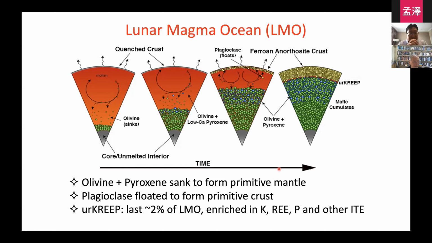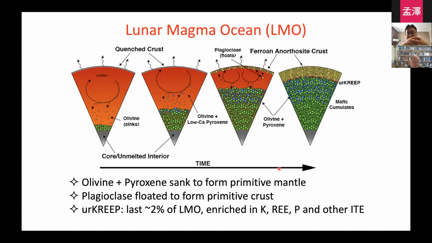Around 75 or 80% of the lunar magma ocean solidified, plagioclase started to crystallize, which has a lower density than the residual magma, and floated to form the primitive crust.